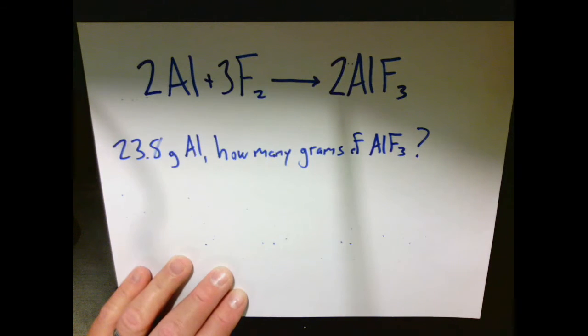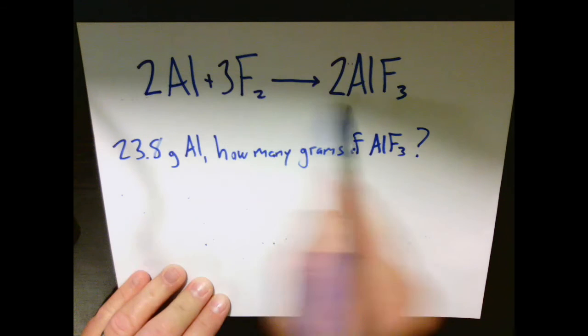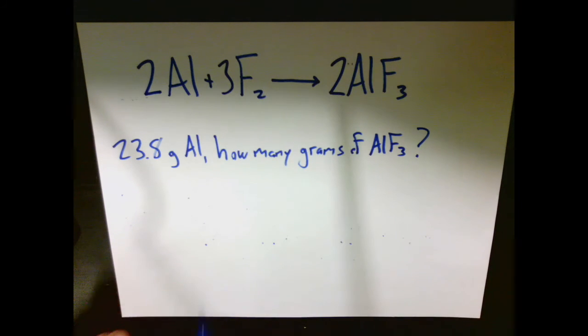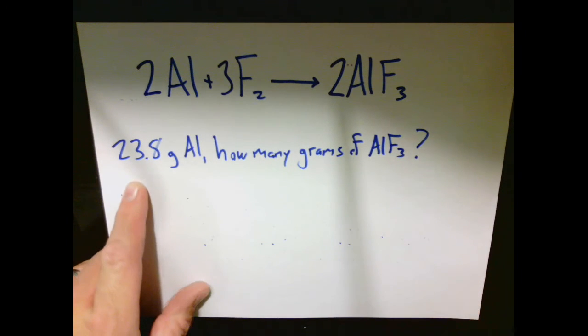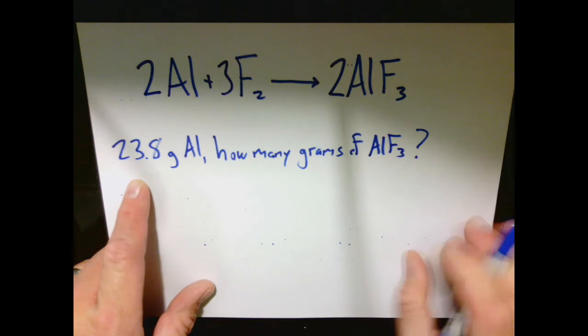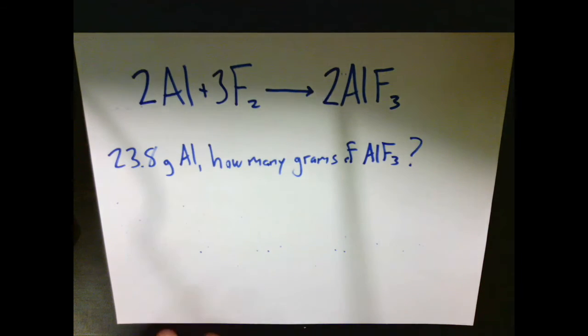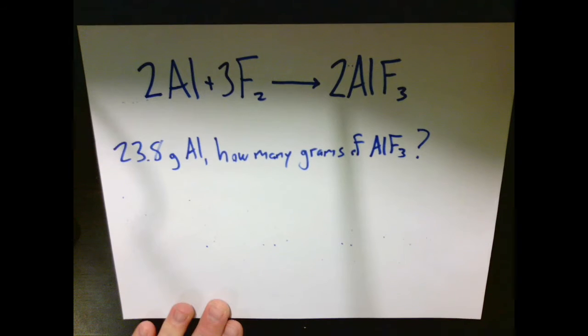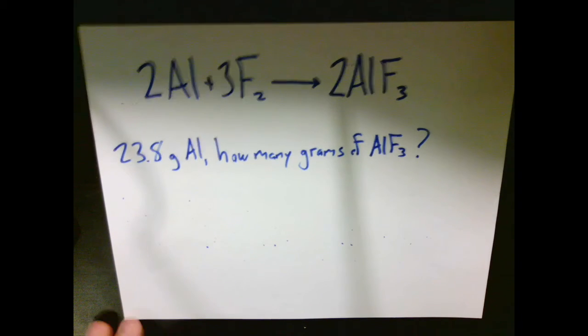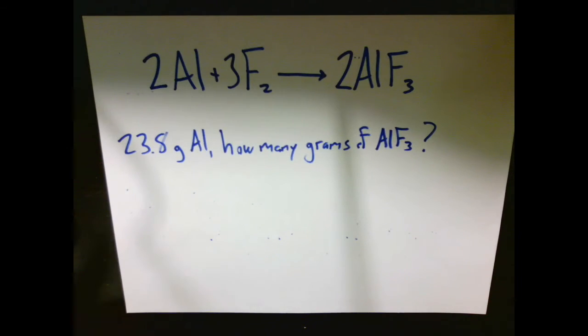And that balances the equation. 2, 3, 2. Now, the problem then, 23.3 grams of aluminum. How many grams of aluminum fluoride? If you'd like, take a moment now to pause the video and see if you can solve this one like I did the previous one.